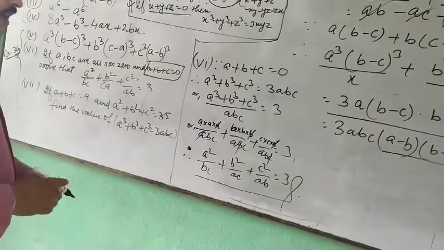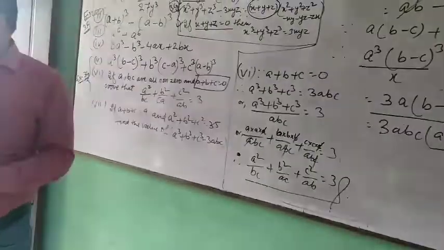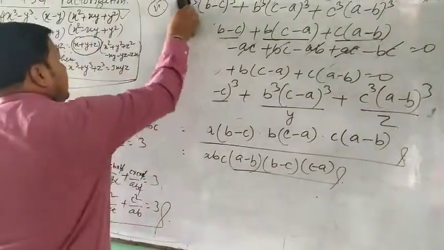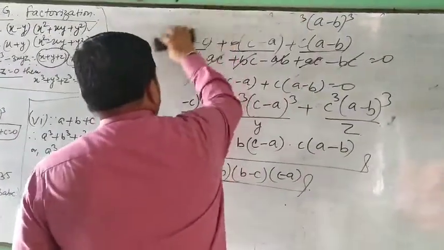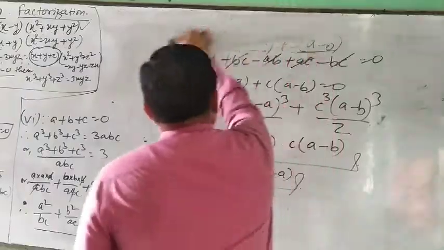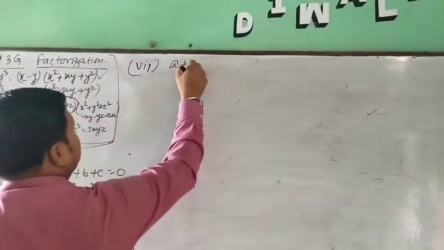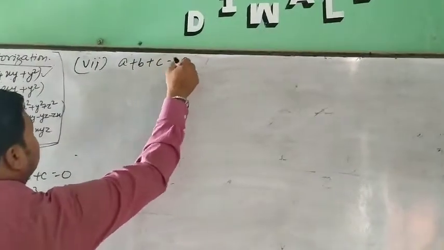Now we are in question number 7. In question number 7, here a plus b plus c equal to 9.